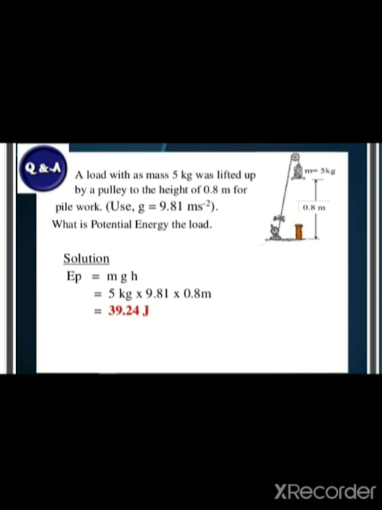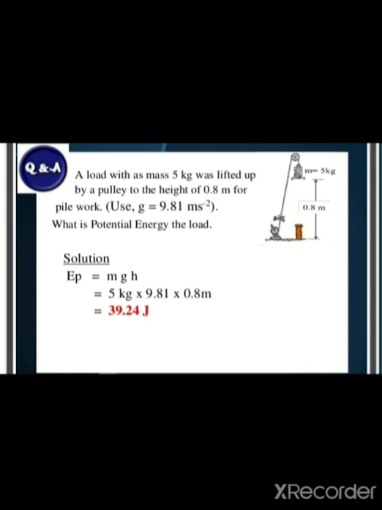So what is the formula of potential energy? The formula of potential energy is equal to mgh. Mass is given here, 5 kilogram. So in place of mass we will write m equal to 5. In place of g, we have given g equal to 9.81.